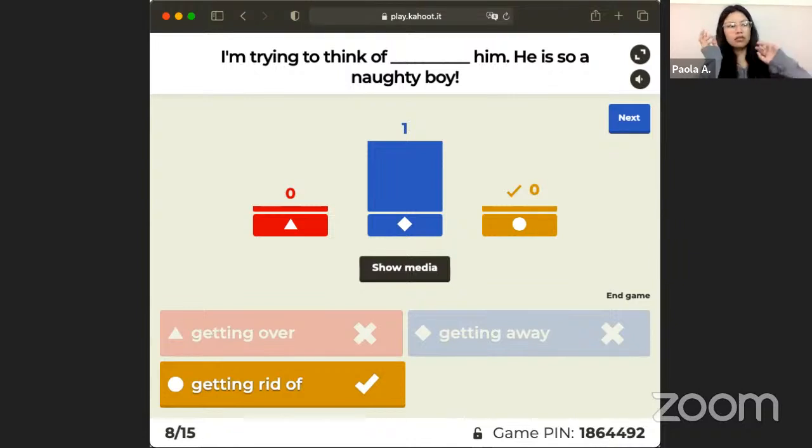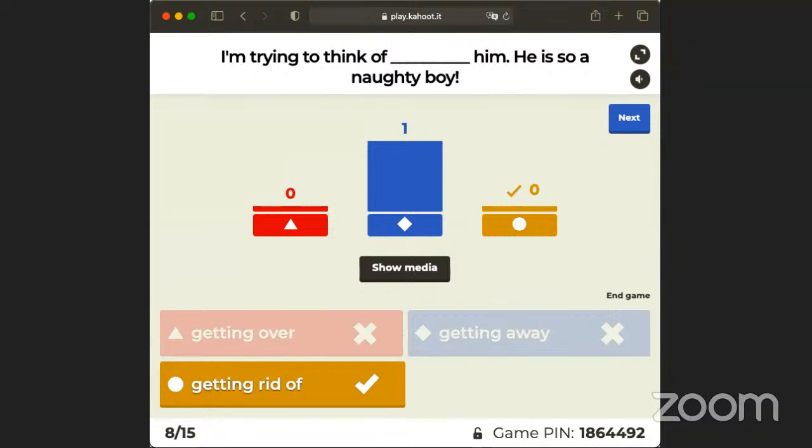You're going to try to maybe give the dog to your friend or put it somewhere, right? So that's the meaning of getting rid of. Do you understand, or you need more explanation? Yes. Okay, great.